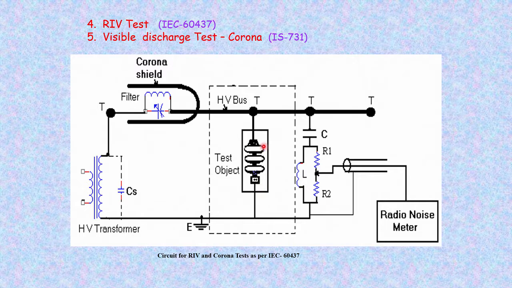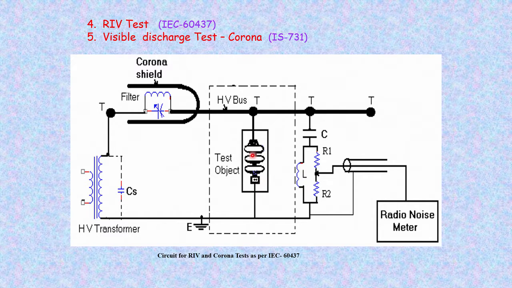Then the test object could be a circuit breaker, an insulator string or any of these things. It is connected between the high voltage bus and the ground. Then you have a coupling capacitor; its requirements we will be discussing. This coupling capacitor offers a very high impedance at power frequency voltages, and at higher frequencies it allows the discharges to be measured from the string or equipment under test to pass.